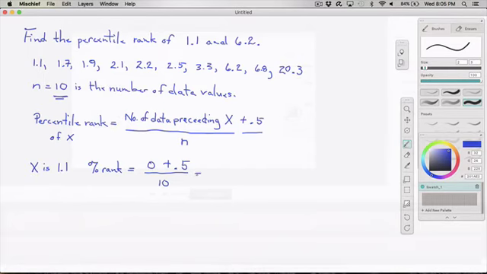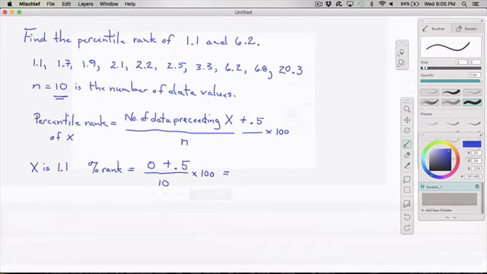So if we add this up, we get, oops, I'm sorry, let me go back. I should have times 100% over here, times 100.